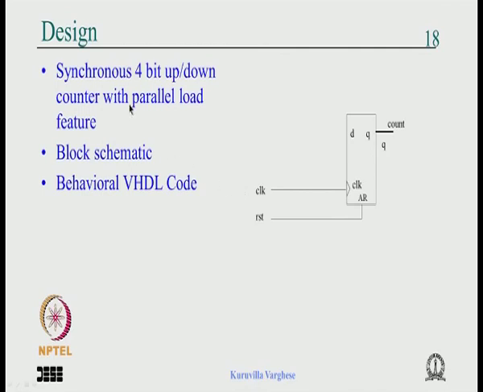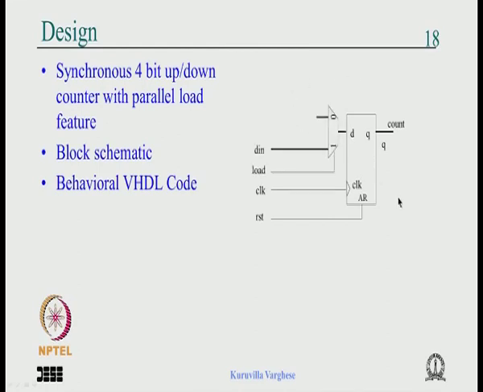The first thing is that in a parallel load counter we need to have the priority for the load. So we will put a mux here, to the D, and the select line is load, and when that is 1 we supply the input. If it is 0 then we have to put the count part.